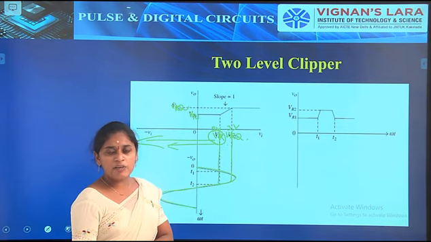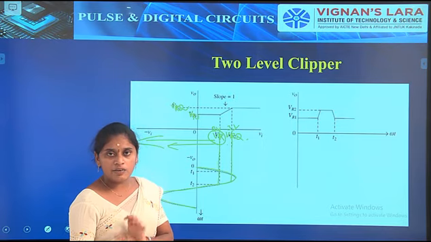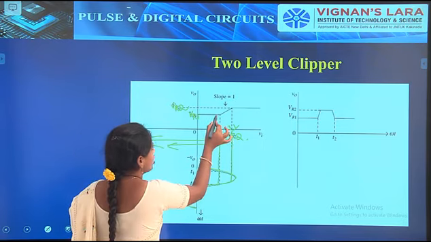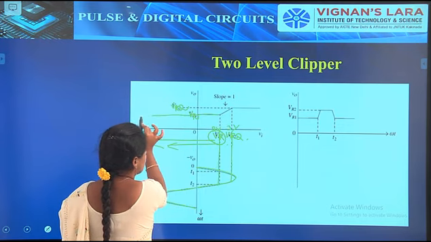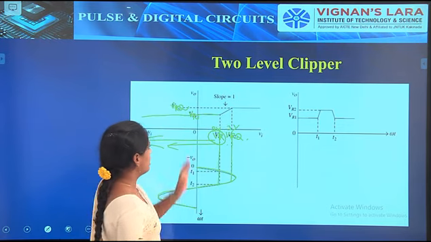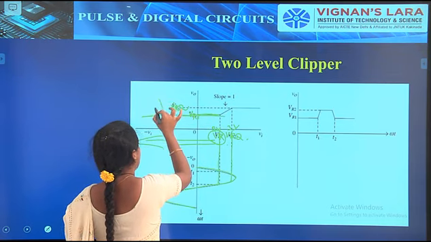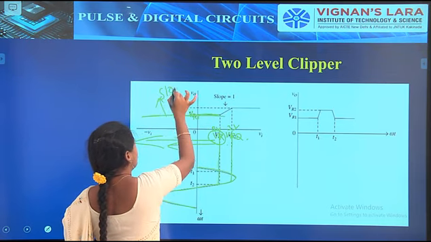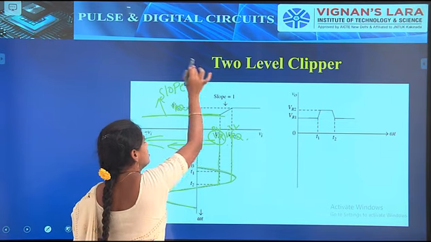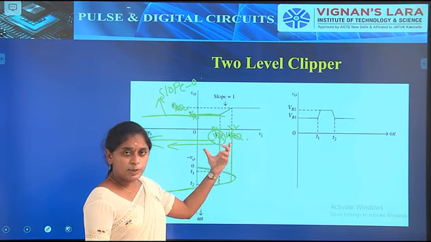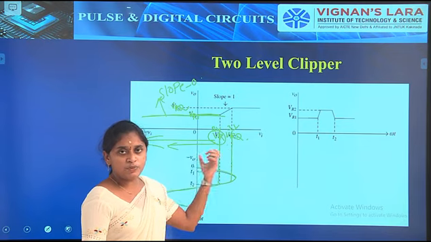The output signal V0 is equal to VR1 and it can be represented with slope 0. Up to this condition we have to extend it. Up to this condition the output will be VR1, with slope 0.